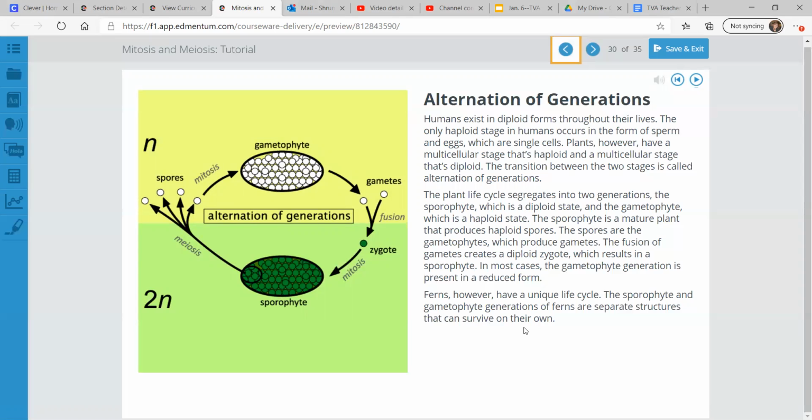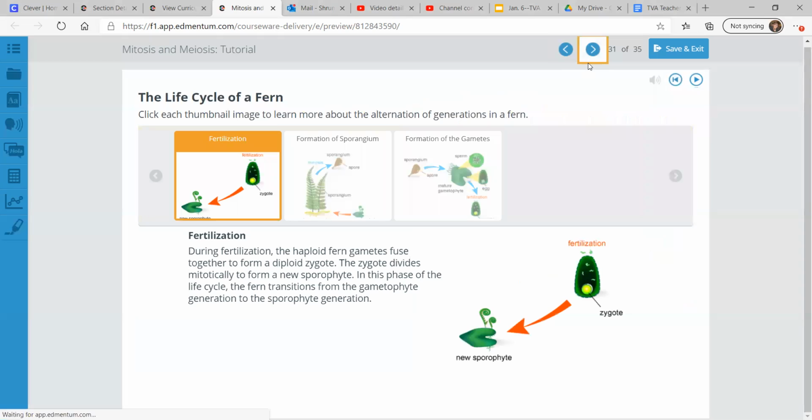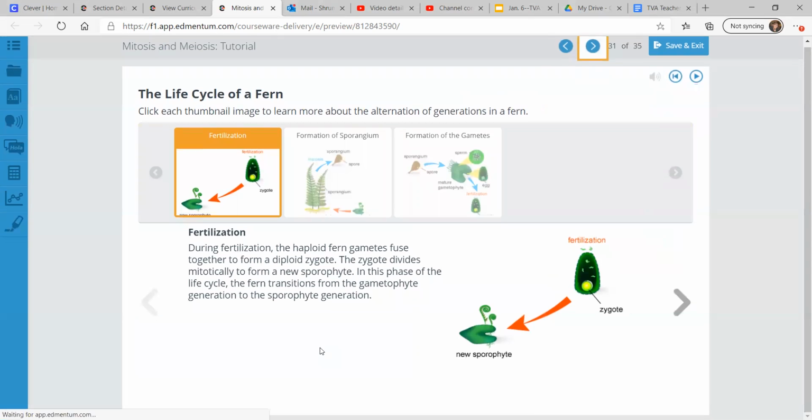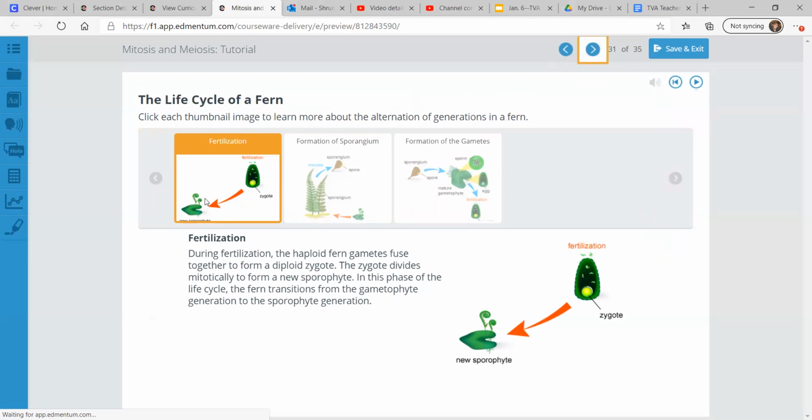Ferns, however, have a unique life cycle. The sporophyte and the gametophyte generations of ferns are separate structures that can survive on their own. The life cycle of a fern. So we're going to look at a fern. Fertilization.